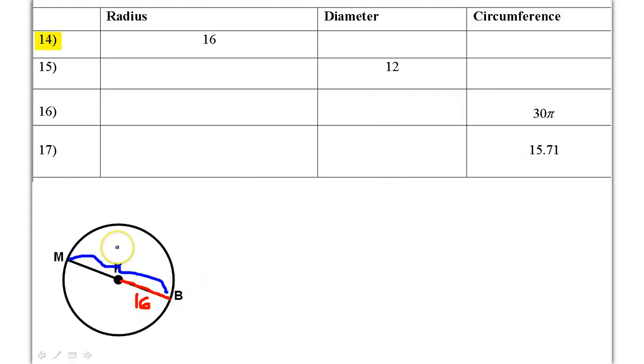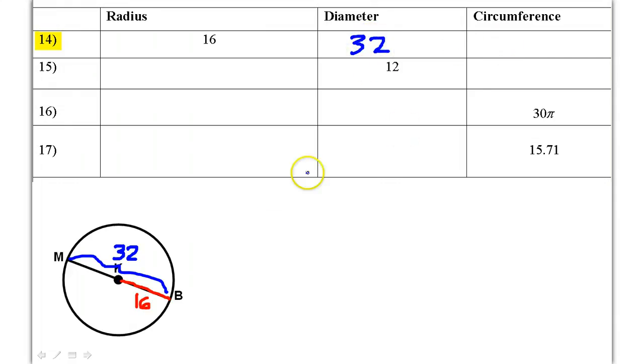Of course, the diameter should be double that, which would be 32. So if you understand the simple relationship between radius and diameter, if you have one, you should automatically have the other. So if the radius is 16, the diameter should be 32.